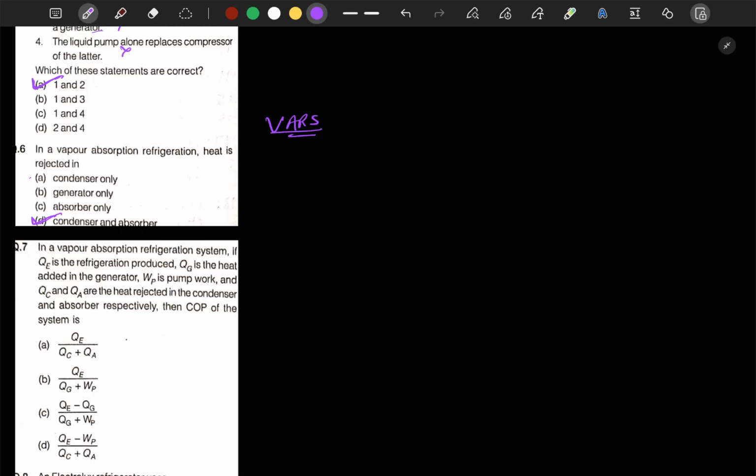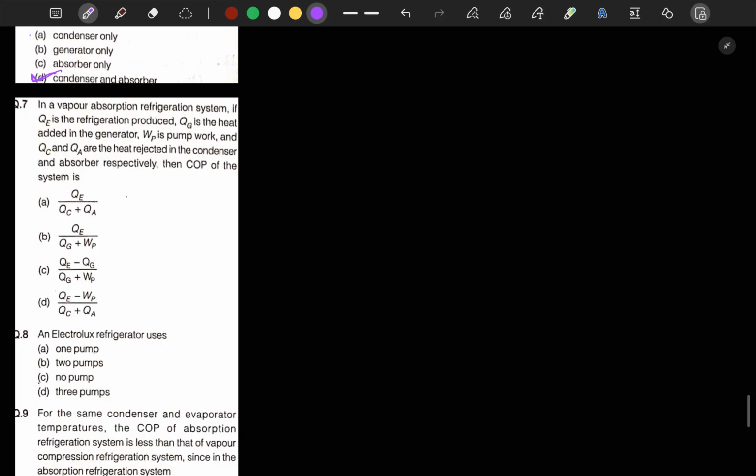Okay, now next question. It is mentioned in a vapor absorption refrigeration system, if Q_E is the refrigeration produced, so the refrigeration effect is equal to Q_E, Q_G is the heat added to the generator, W_P is the pump work input, and Q_C and Q_A are the heat rejected in the condenser and absorber respectively.